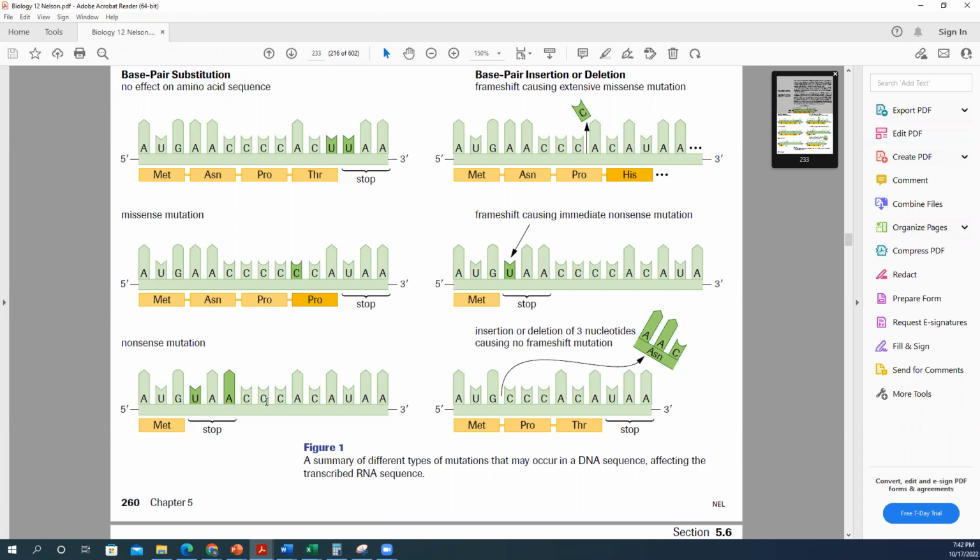For example, in this case, this is a nonsense mutation. Say where you normally have AAC, now you suddenly have a UAA, and that codes for a stop. So this means that the protein stops being made prematurely. And so now it's cut short, and it stops being made only up until this point.